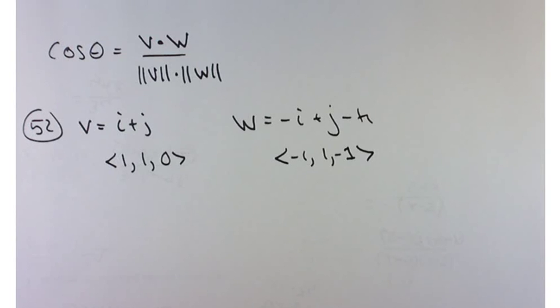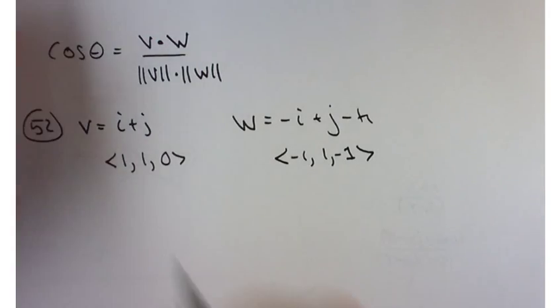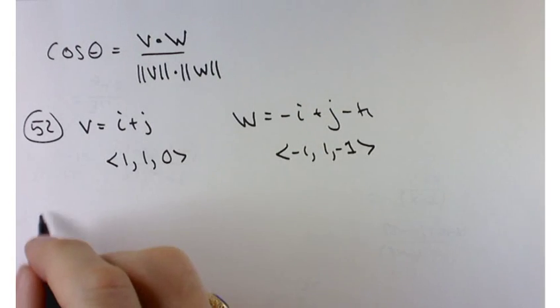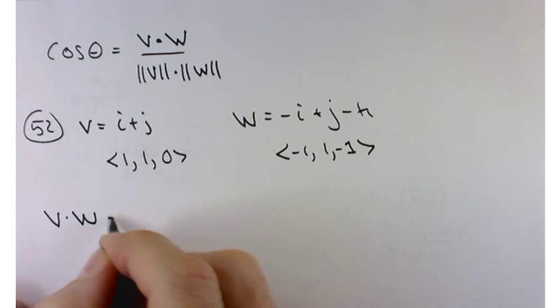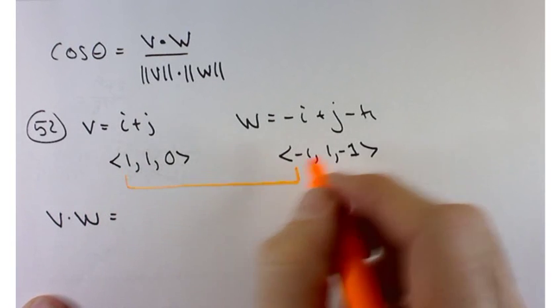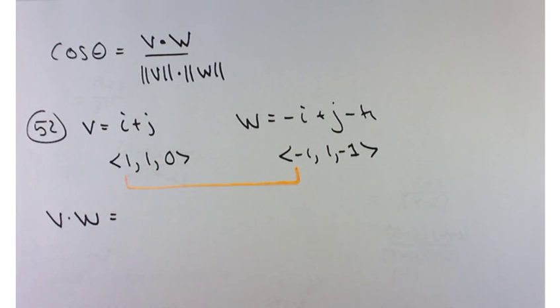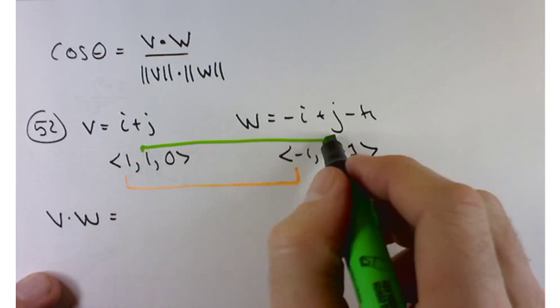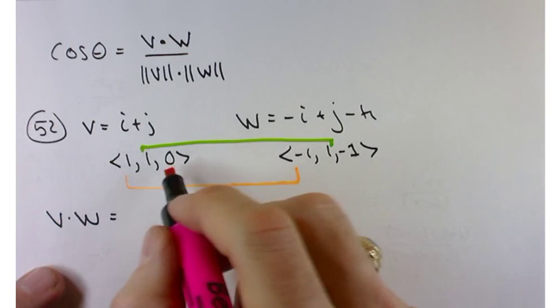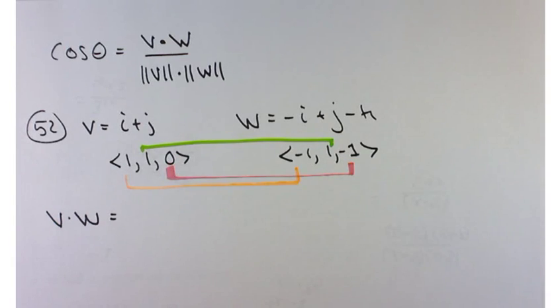The dot product here is just the same as it was in the last section. It's just we've got one more thing to take care of. So let's do the numerator first, v dot w. We're going to multiply the x coordinates together, then add the product of the y coordinates, and then add the product of the z coordinates.